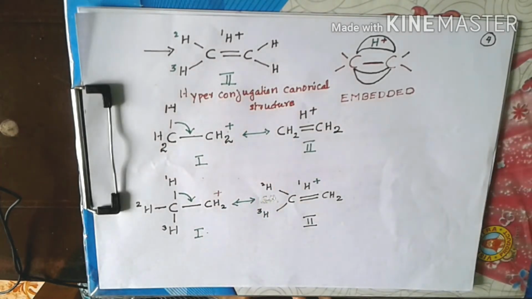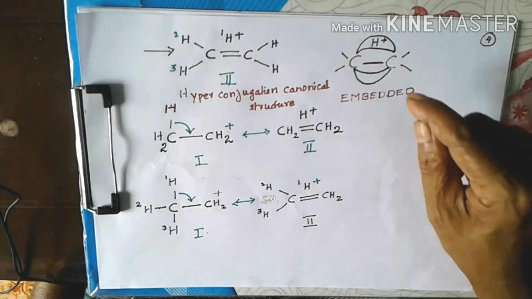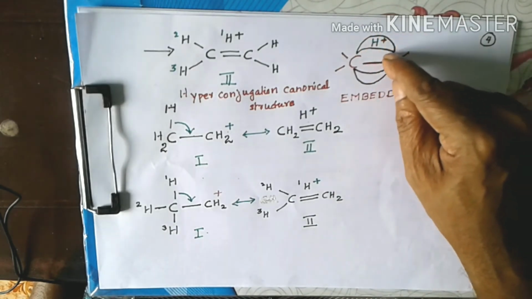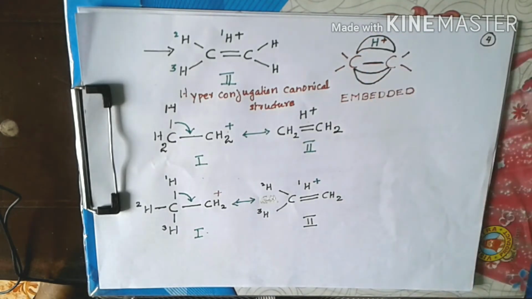Now some say that the H positive is not free and it is embedded in the pi electron cloud. Embedded means immersed inside the pi electron cloud, so it is never free.